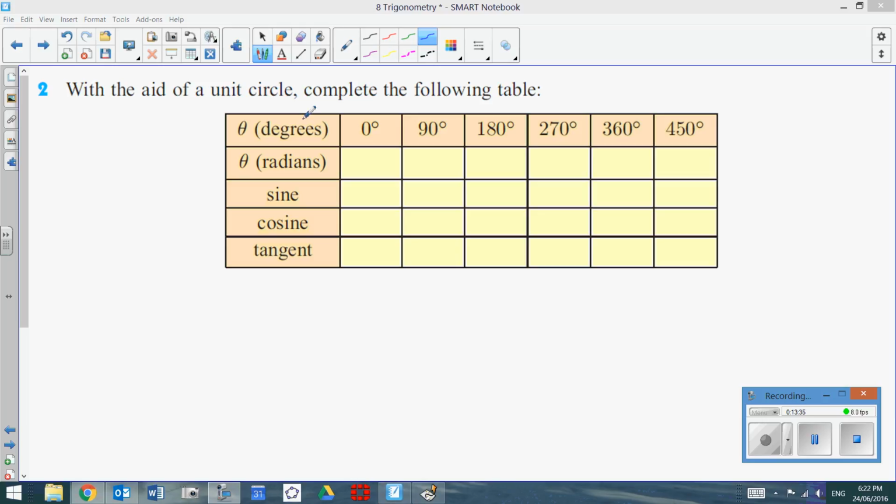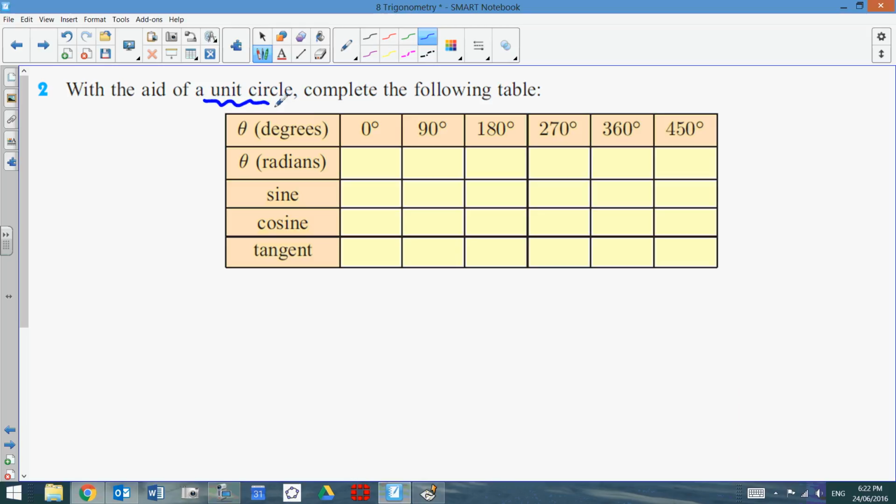For number 2, it says, with the aid of a unit circle, aka your plate, complete the following table. So for example, at 0 degrees, this is when my point has not moved at all. So think about your circle. I'm at 0 degrees. Here's my point. So 0 radians as well. My sine value is my y value.